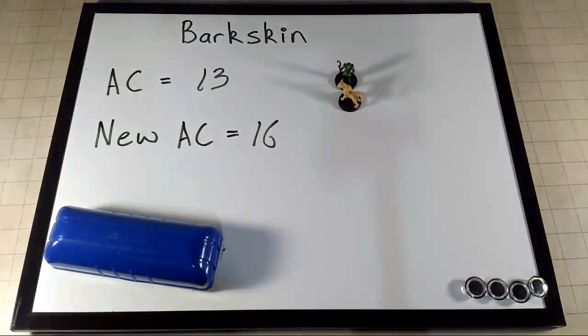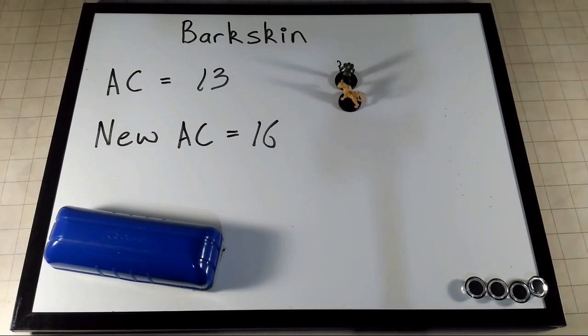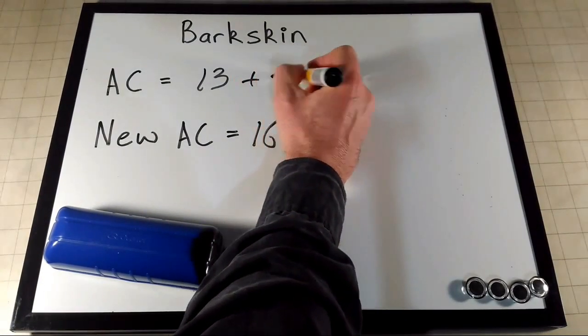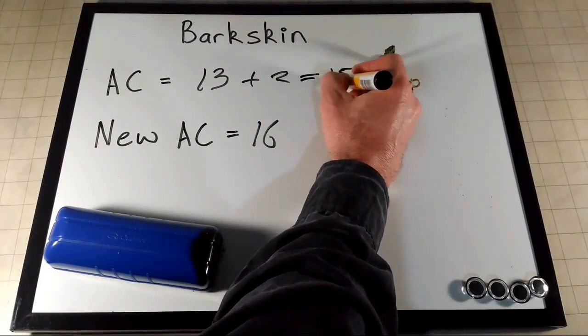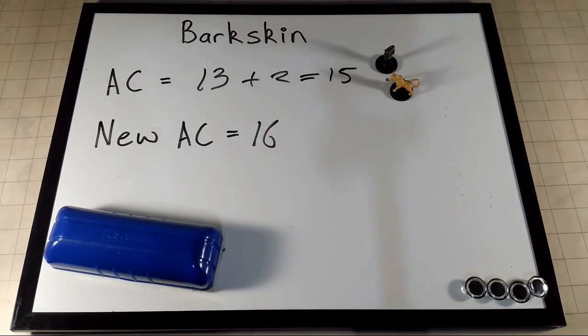If I carried the shield, I'm going to add +2 to that. So essentially my AC is now 15, which is still less than 16. Okay, does that make sense?